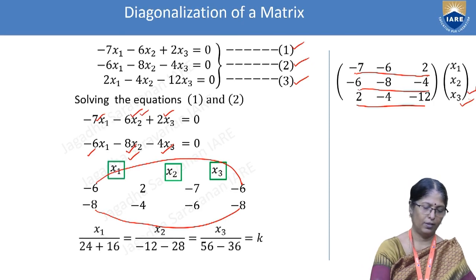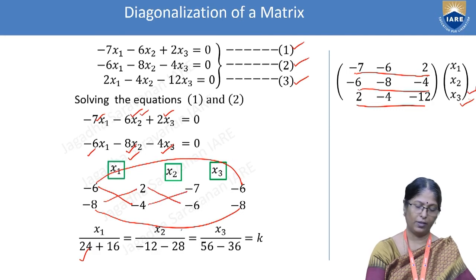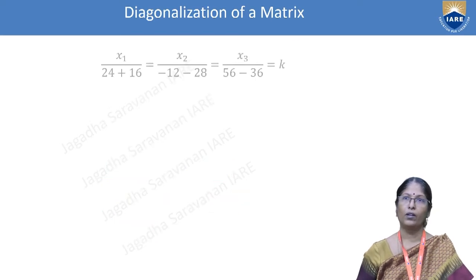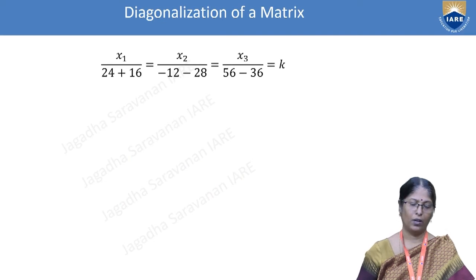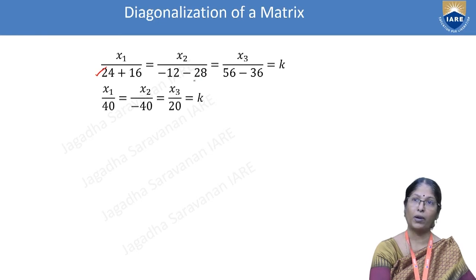So x1, this cross, that is minus 6, minus 4, minus of this cross that is plus 16, and this cross minus 12, minus of this cross minus 28, this cross 56, minus of this cross 36, equals k. So x1 by 24 plus 16, next x2 by minus 12 minus 28, x3 by 56 minus 36 equals k.